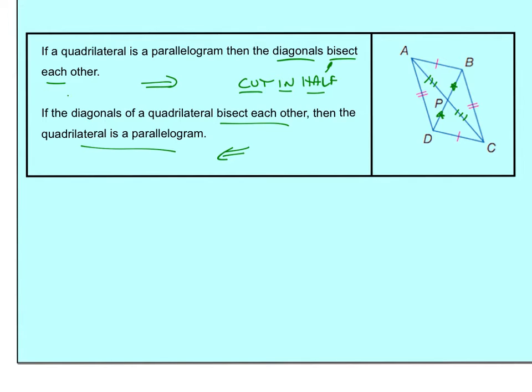So pairs of sides, should say pairs of opposite sides. Okay, they're going to be congruent, and they're going to be parallel. Again, I'm talking opposite sides.